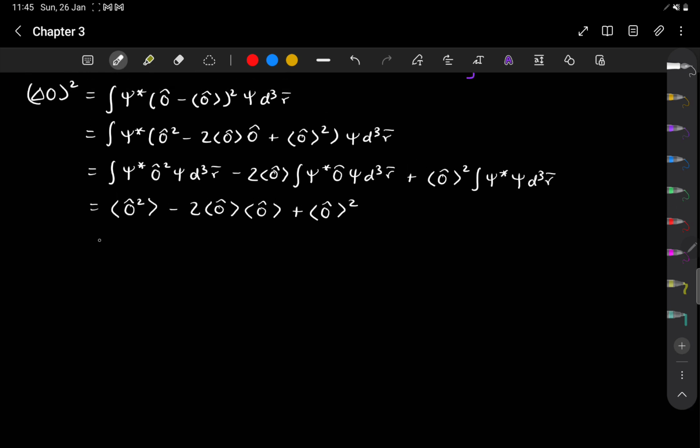So this we will then simplify. And simplification gives us the desired result.